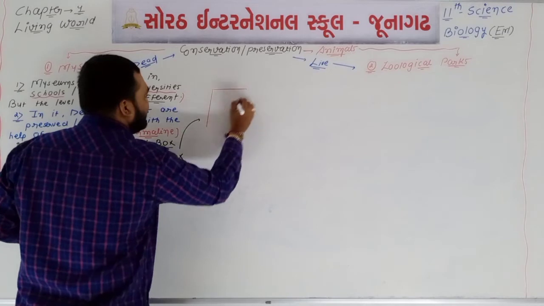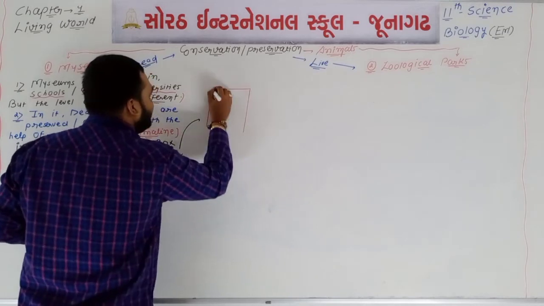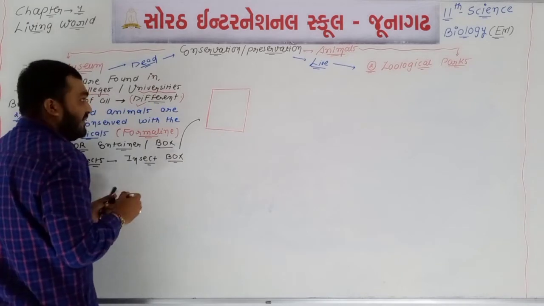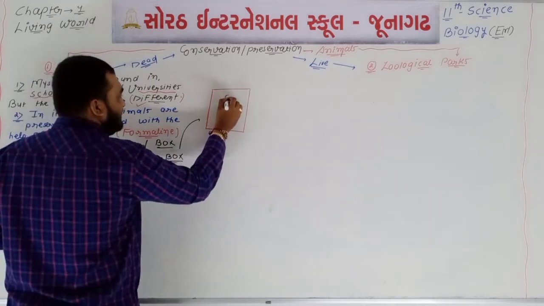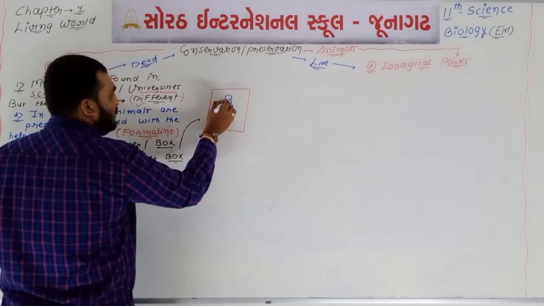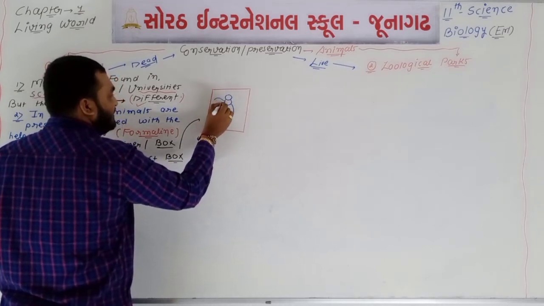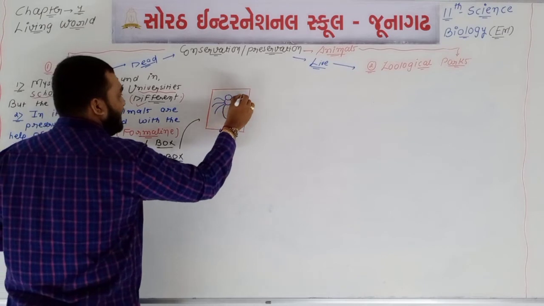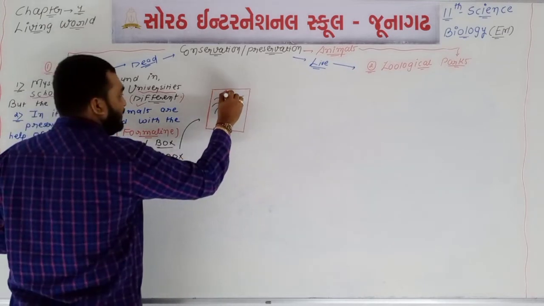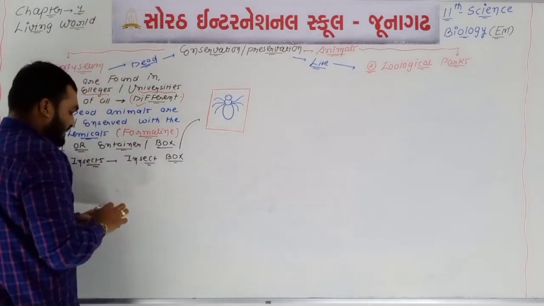Suppose it is a sheet. On this sheet, first of all we place a particular insect. It has a head, then a thoracic region, then an abdomen region. From the thoracic region three pairs of appendages arise. It is a dead insect in an insect box.